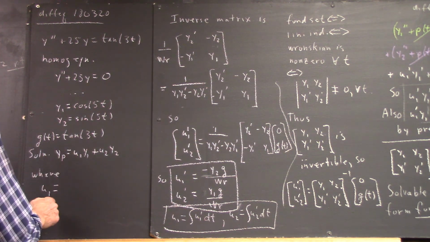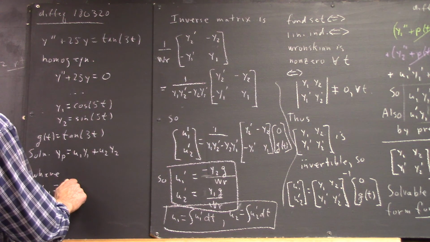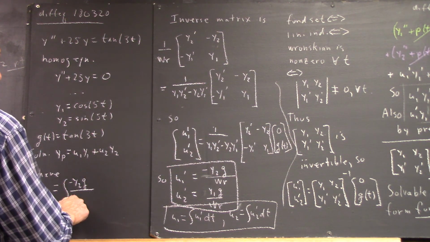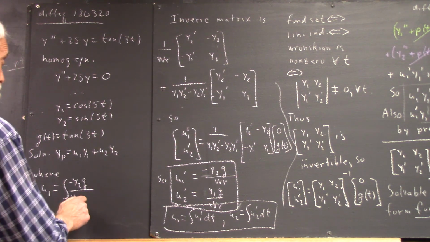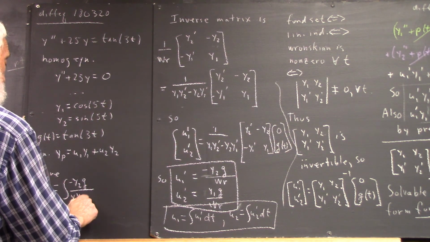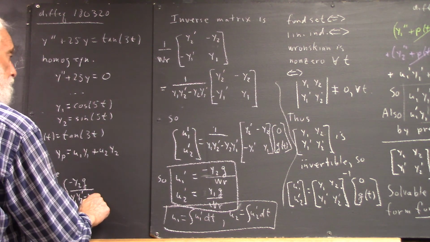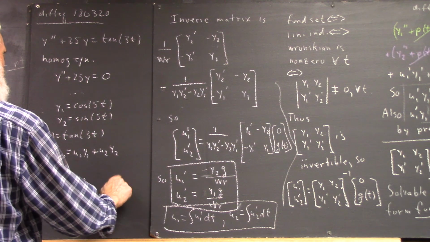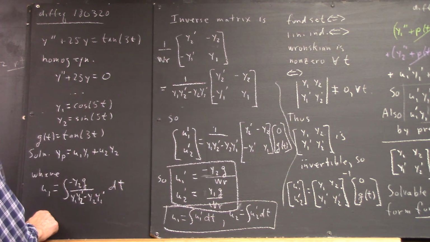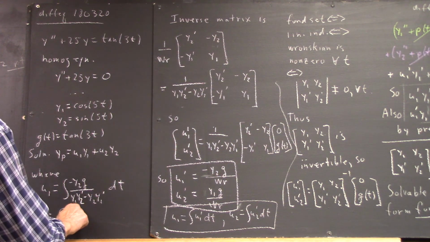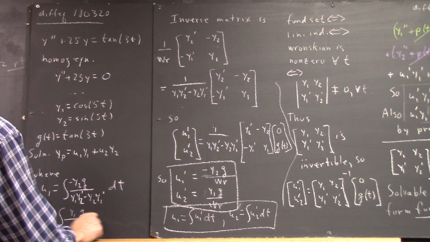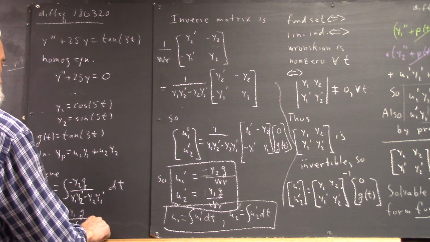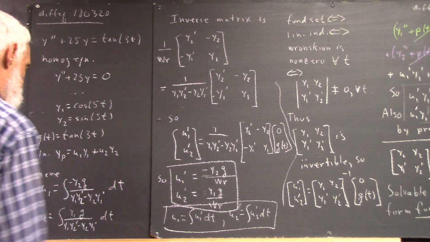So I'm going to write it now, where u1 is the integral of minus y2 g over the Wronskian, and I'll write the Wronskian, y1 y2 prime minus y2 y1 prime, with respect to t, and u2 is the integral of y1 g over y1 y2 prime minus y2 y1 prime dt.